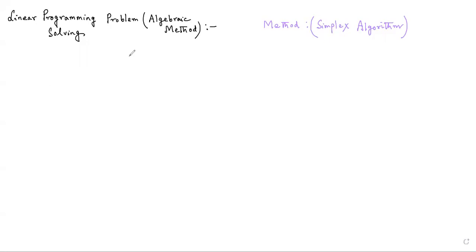Since this method is too complicated, I have decided not to introduce more than 2 variables in my initial problems. An algebraic method generalized to any number of variables can always easily deal with a 2-variable problem, so a problem which can be solved graphically can also be solved by simplex.